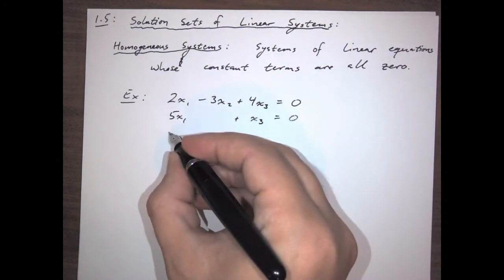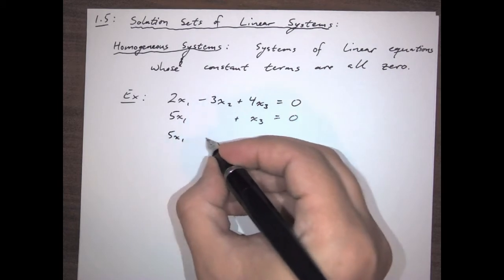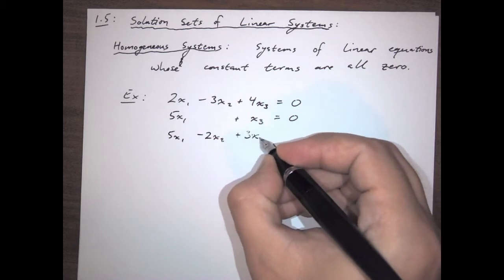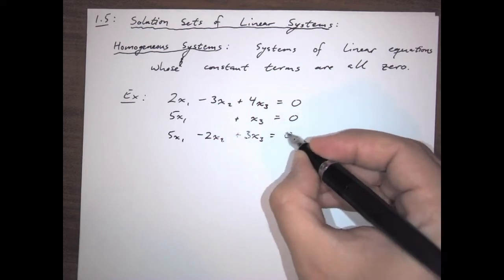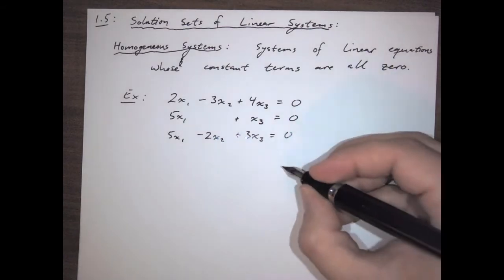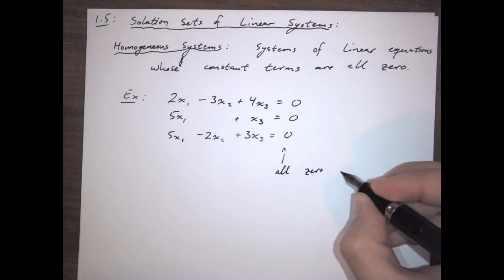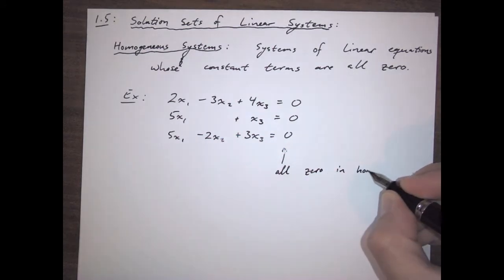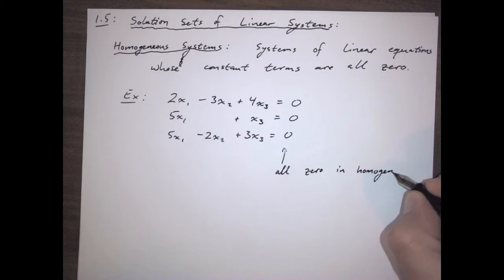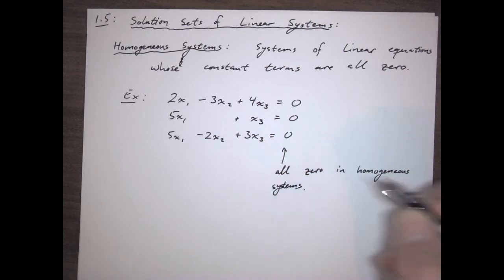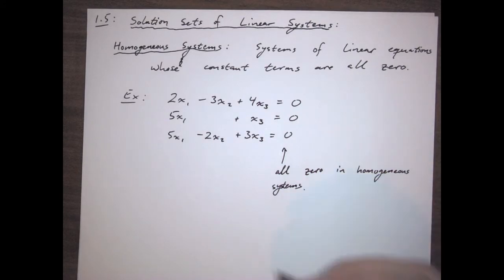And then maybe what we have is something like 5x1 minus 2x2 plus 3x3, and again equals 0. These all have to be zeros. They're all zero in homogeneous systems.